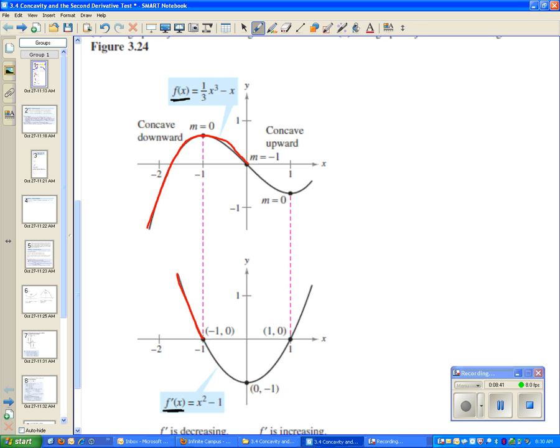The derivative is still decreasing. Right about here, the graph changes to concave up. So now the derivative is increasing. We're still concave up. The derivative is still increasing. Yes? Okay.